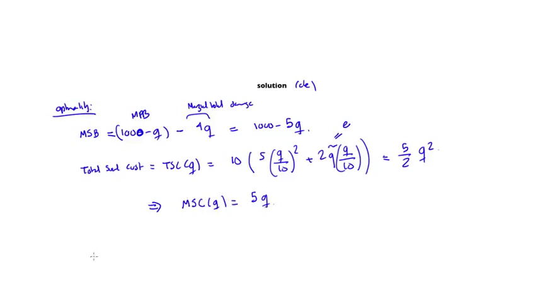And it follows that Q optimum solves marginal social benefit equals marginal social cost, which implies that 1,000 minus 5Q is equal to 5Q, which implies that Q optimal equals 100. So let's conclude by computing the deadweight loss.